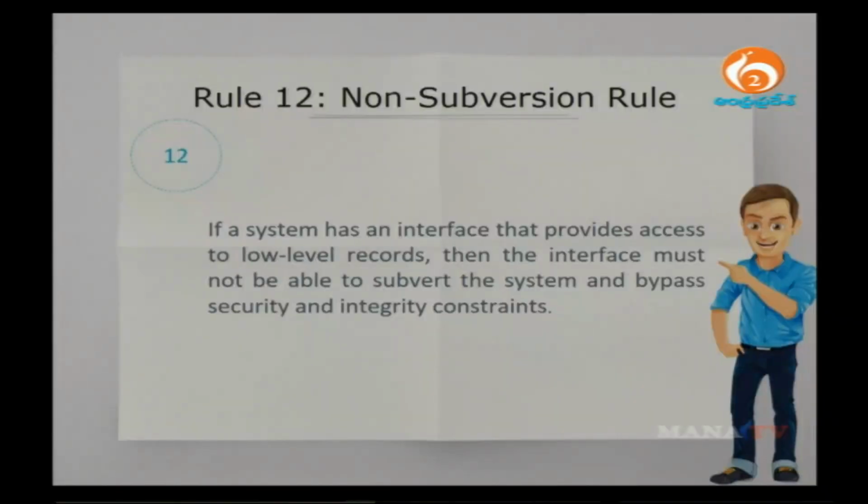Let me take you to the slide again. Non-subversion rule: if a system has an interface that provides access to all low level records, then the interface must not be able to subvert the system and bypass security as well as integrity constraints.